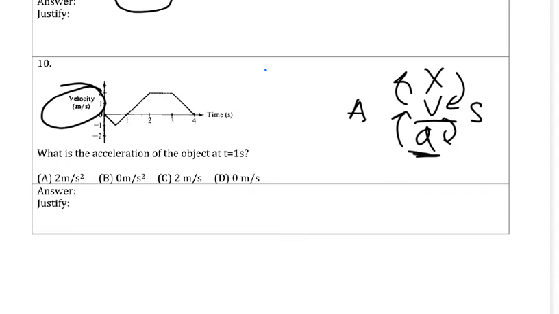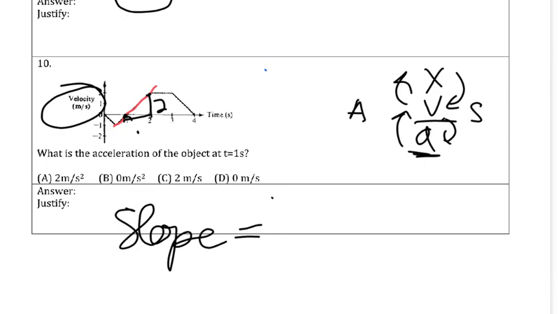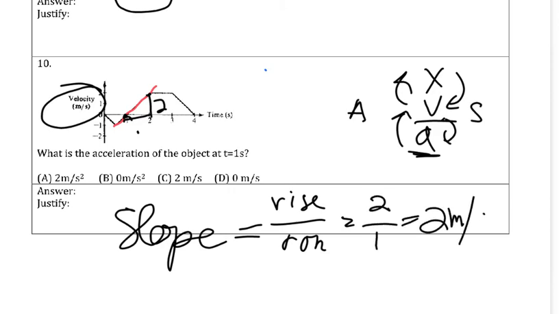Okay, I can pick any 2 points along this line, so I'm going to pick easy ones. I'm going to pick this point right here and this point right here. Okay, the rise is 2, the run is 1. Okay, so my slope is going to be equal to rise over run, which is 2 over 1, and in this case 2 meters per second. Option C.